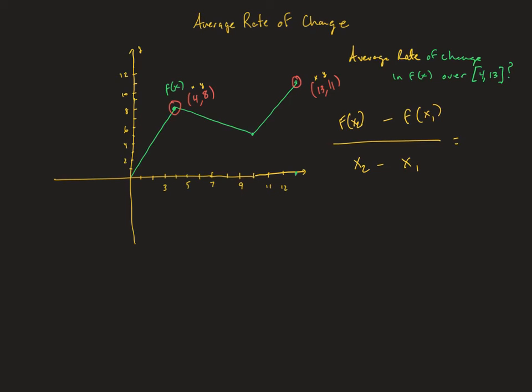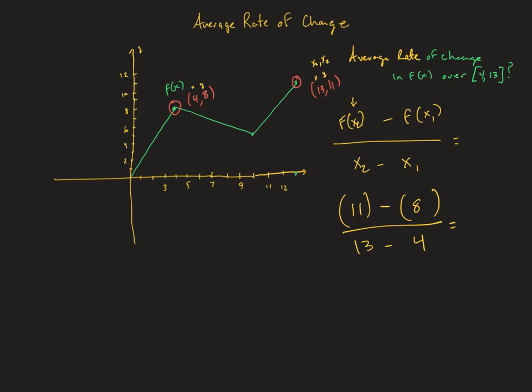So the output of x2 is going to be 11, and then the output of the first spot is going to be 8, over the input of the spot minus the input of the other.